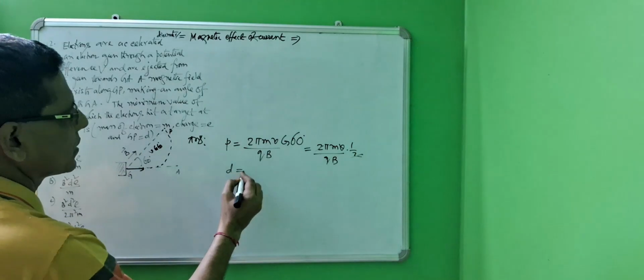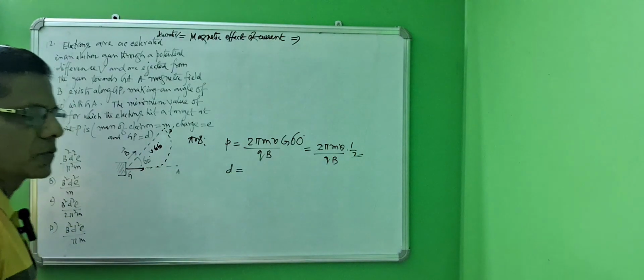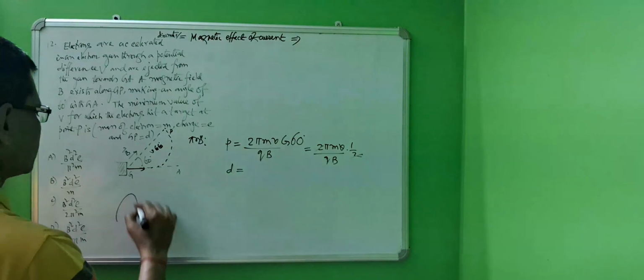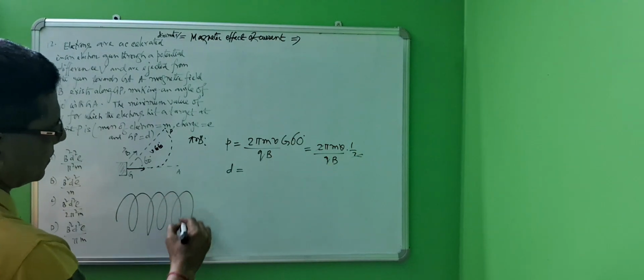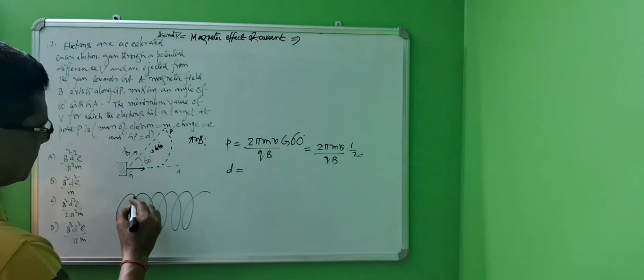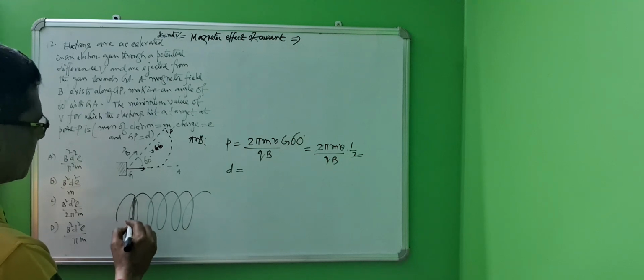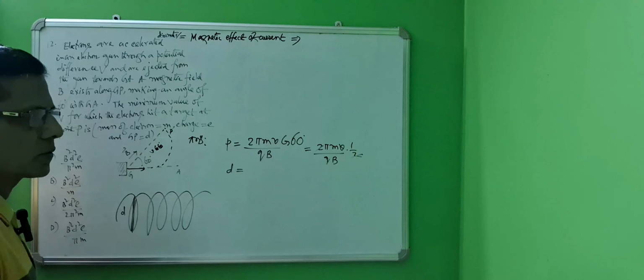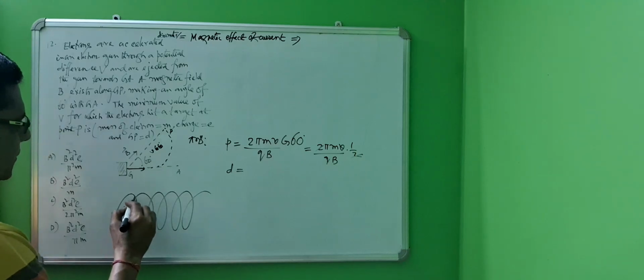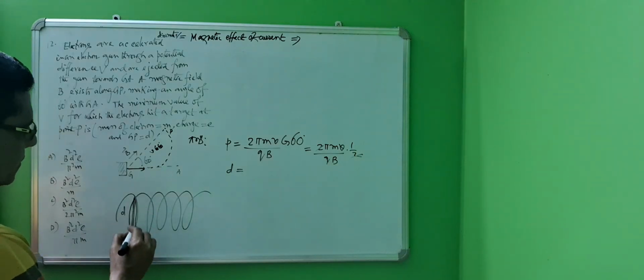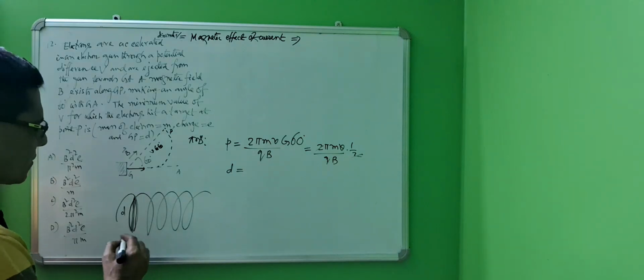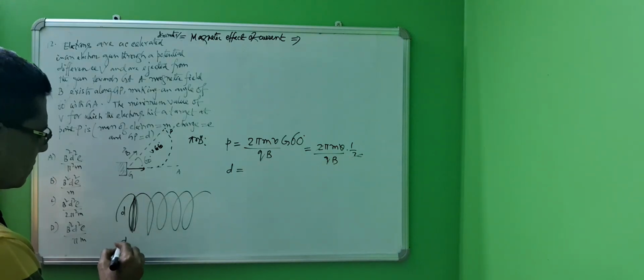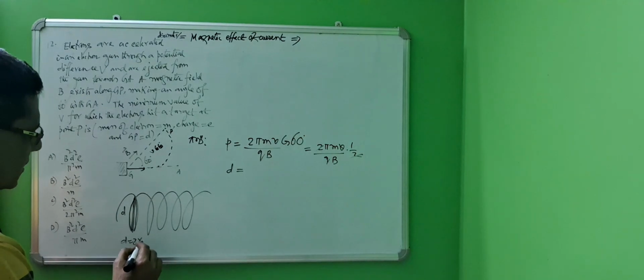So d, here is the helical path. This is the helical path. So this is the total pitch, which equals the distance d. To get the total pitch, it will be maximum when d equals twice R, where R is the radius. Here that is not the case.